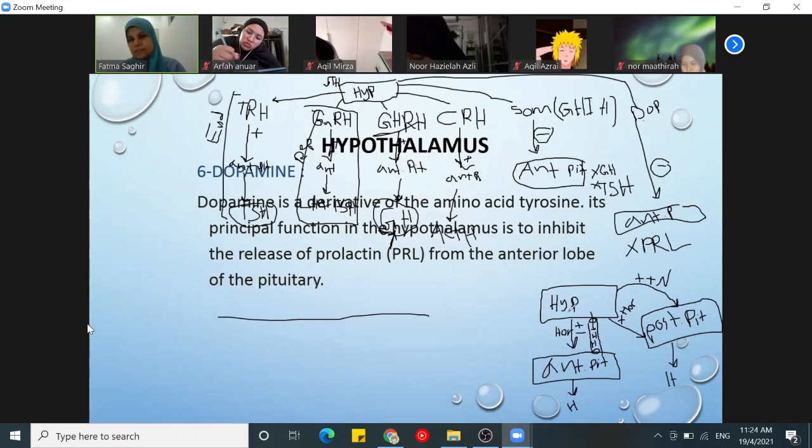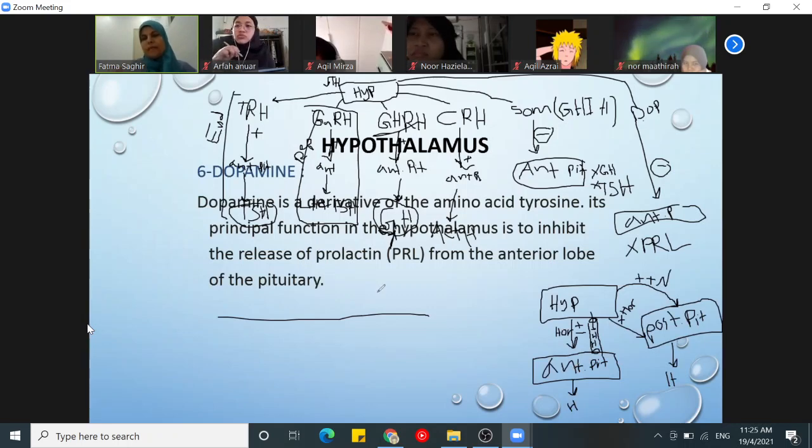So here the origin is hypothalamus to the target, anterior pituitary, through blood. So we have this chemical which is transported from origin, hypothalamus, to the target through the blood, so we call it hormone. Otherwise, we don't call it hormone. In your assignment, one of you wrote paracrine hormone.